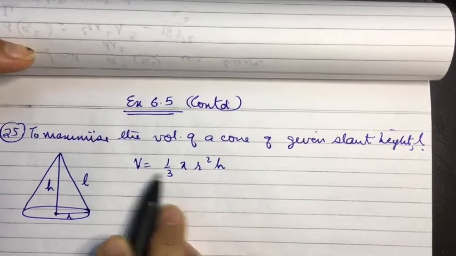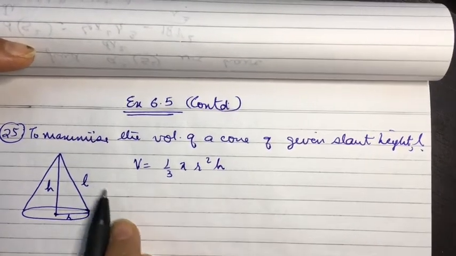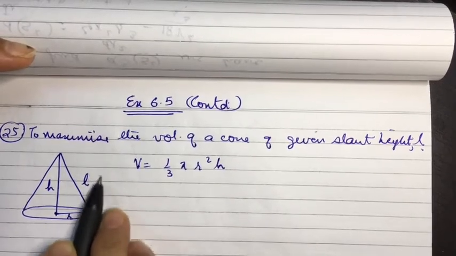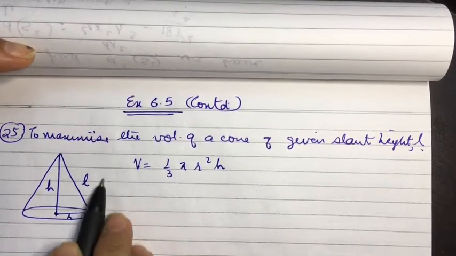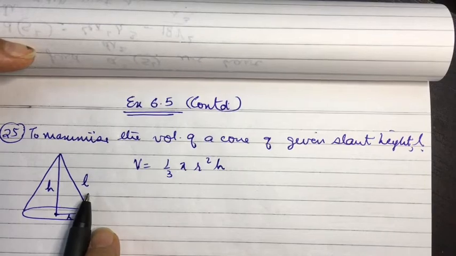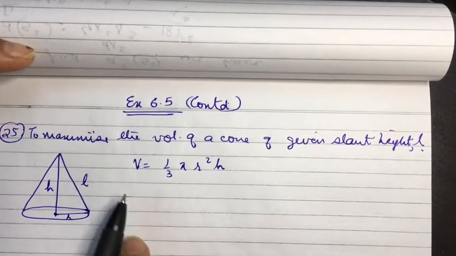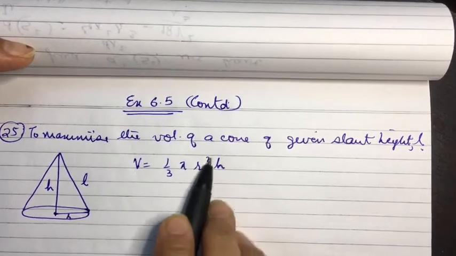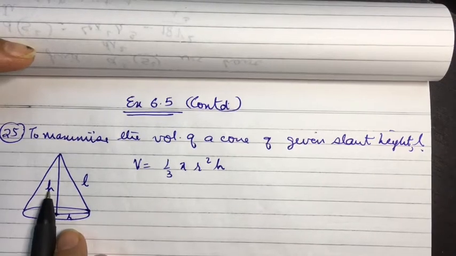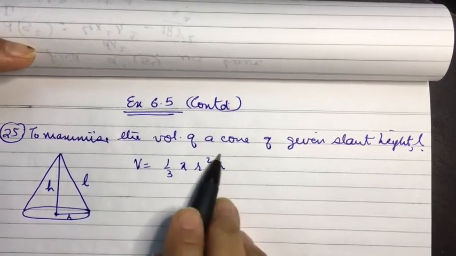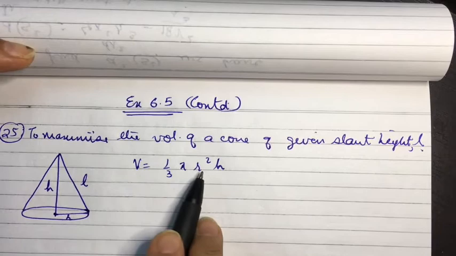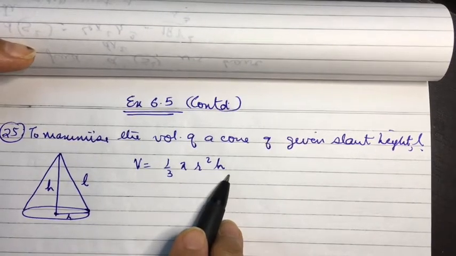Now we have to maximize this volume. So now what is given to us is the slant height L. So we will try to convert the height in terms of r and L, so that ultimately the volume V is in the variable r only.